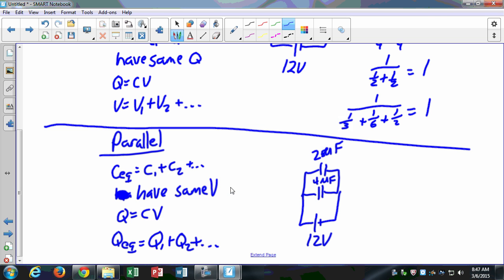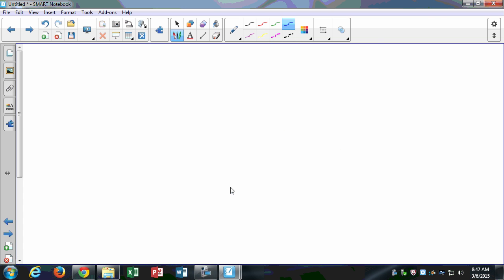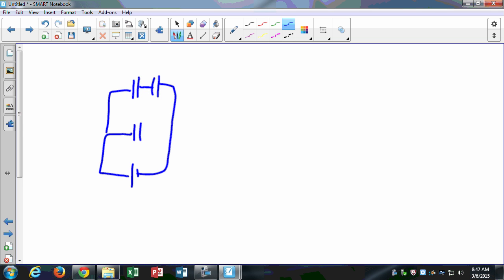You could also see a combination circuit. I'll do a quick example. If I'm going too fast, let me know, but there's a lot of material, so I'll be able to cover it all. Let's say I have a combination circuit like this. I could add one more capacitor like that.